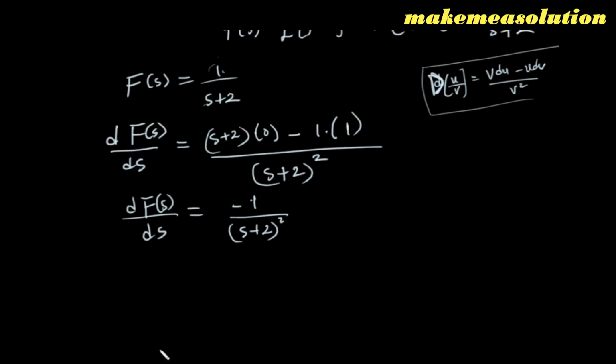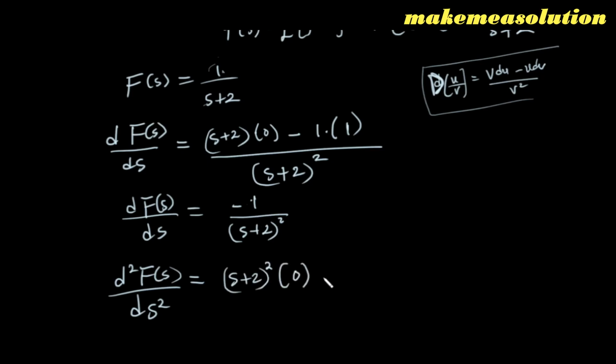So if I differentiate it again, the d squared F over ds squared, what are you going to get? So this is my v and this is my u. So as usual, my v will be s plus 2 all squared. That's v du. Differentiating minus 1, you get 0. Then minus u is minus 1. Then dv, I want to differentiate this term. You're differentiating s plus 2 all squared. Just use the shortcut. This 2 comes down. Then you differentiate the brackets.